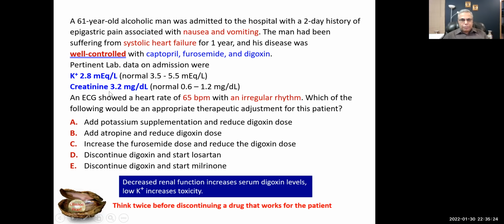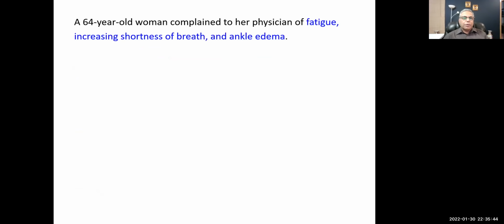We do not know why the creatinine level is low. Maybe the patient has chronic kidney disease, but at least you can give these supplementations, and this should be the best option. But if in your experience it is something else, that is perfectly all right. Okay, let's look at this question.